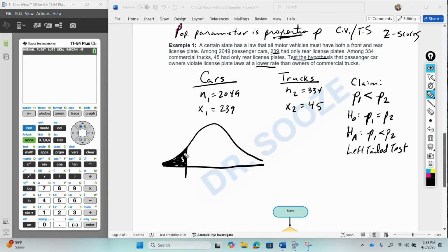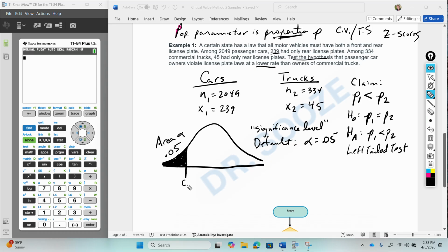Alpha is the total area in the rejection region, so that area is alpha. If you see the words significance level, that is alpha. We have not been told what alpha is, and when you are not told, the default is 0.05. So this left area is 0.05.